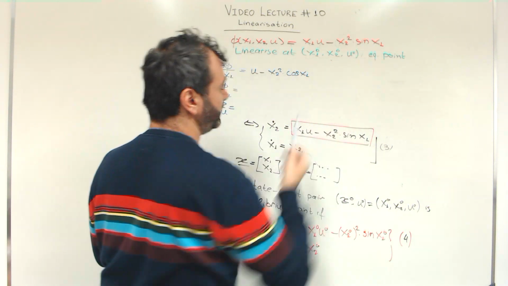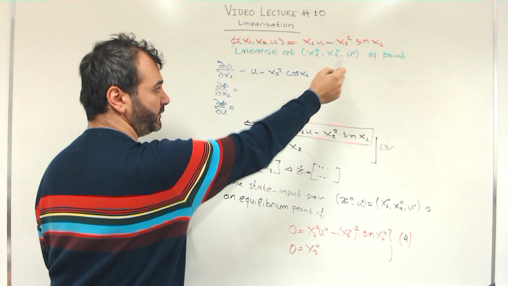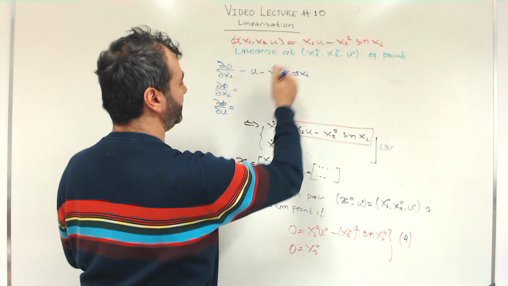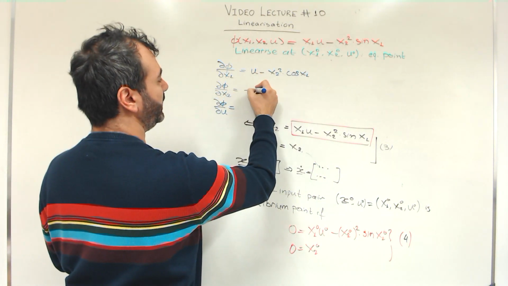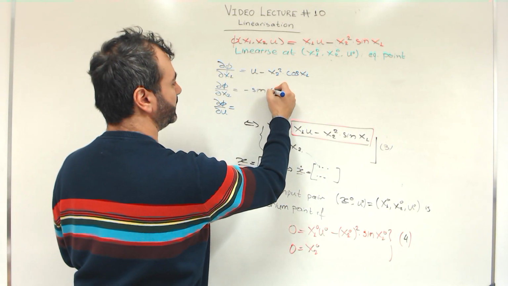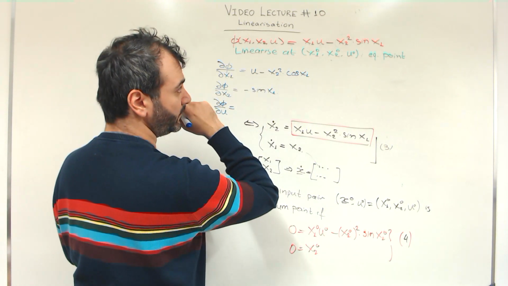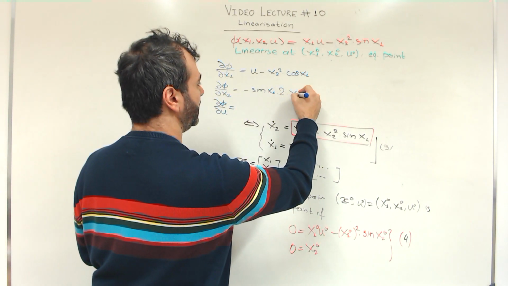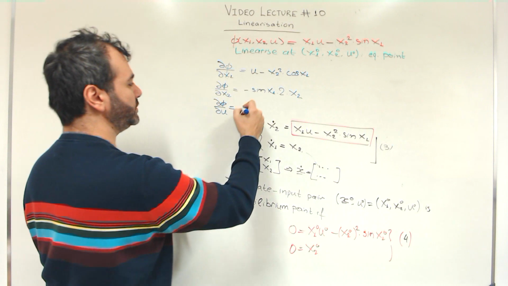So constant times sine, and the derivative of sine is cosine. For x2, from the first part we have 0, and we have minus sine x1 times 2 times x2, and with respect to u, just x1.